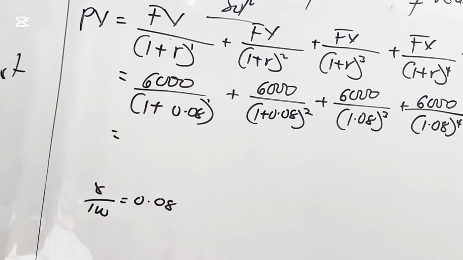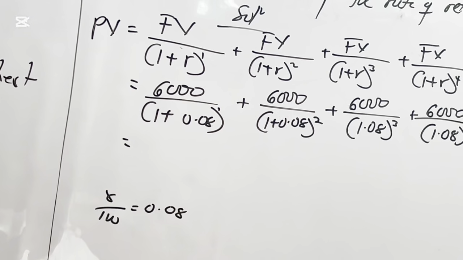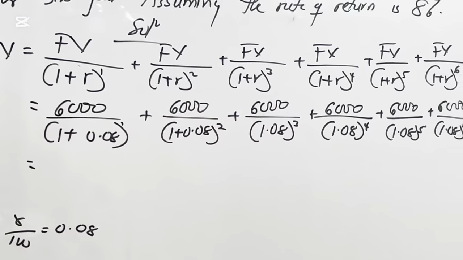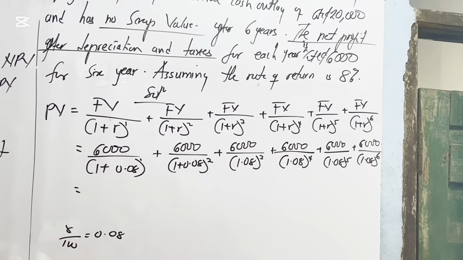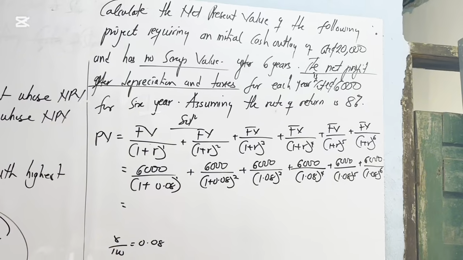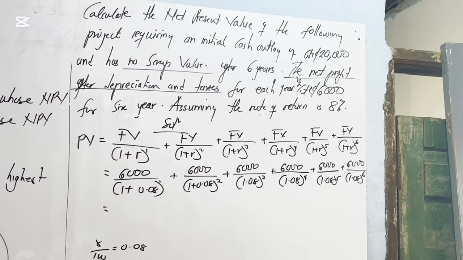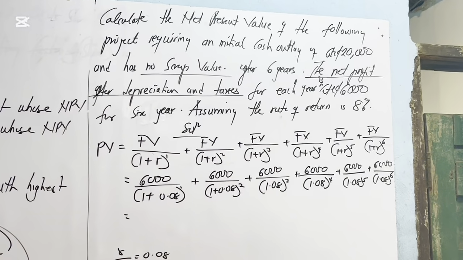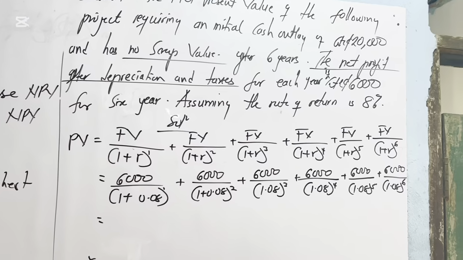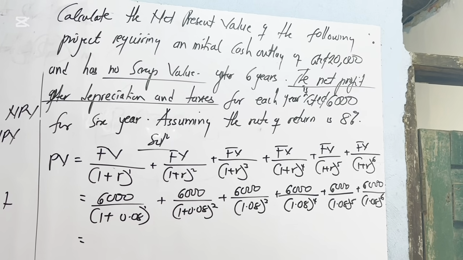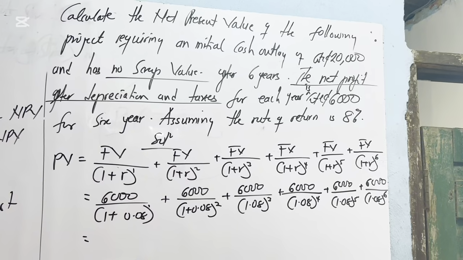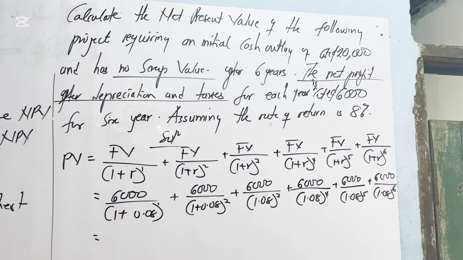So we sum up all of this with our calculator. On our calculator, we have 6,000 divided by 1.08, plus 6,000 divided by 1.08 raised to the power 2, plus and so on. You can put everything together just to save time.